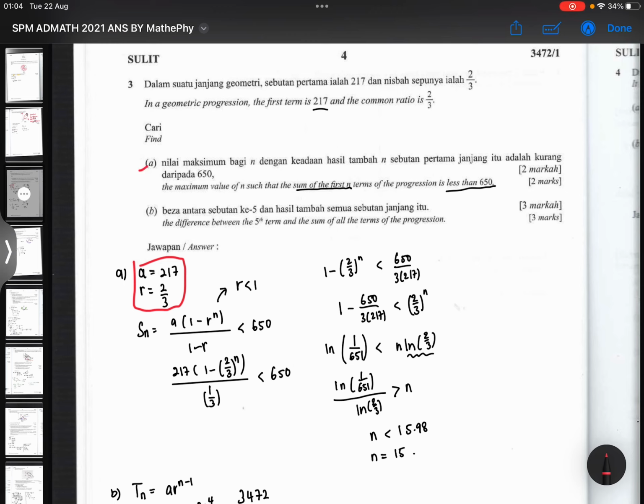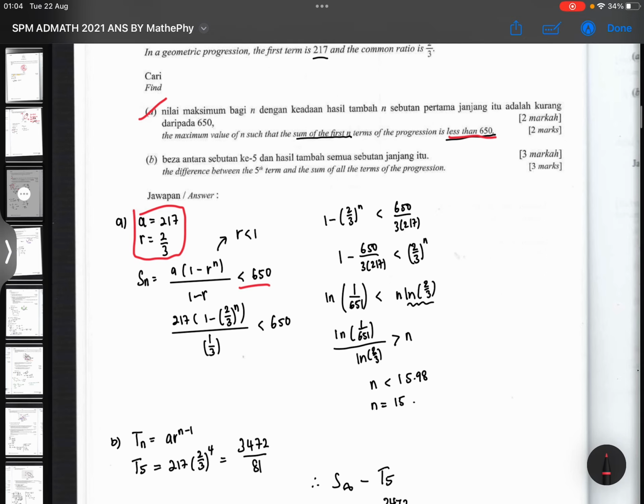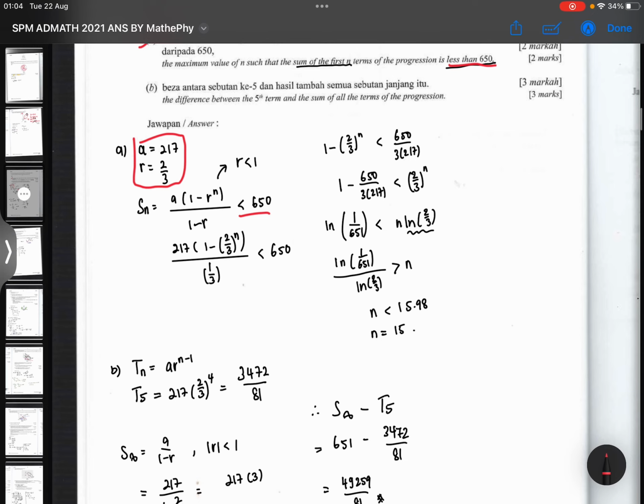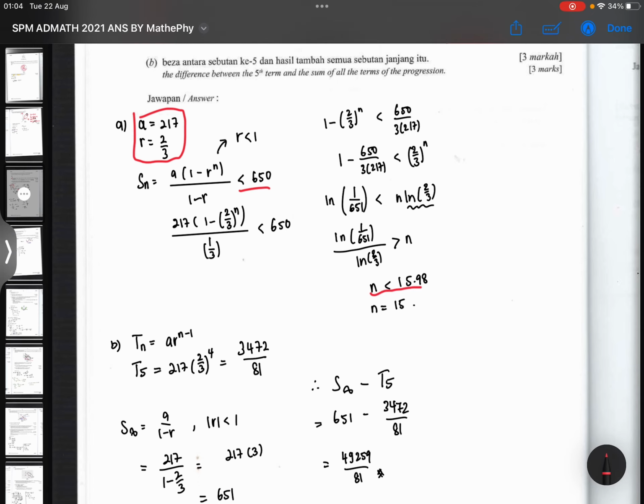Question A wants the sum of the first n terms of the progression to be less than 650. So I set Sn to be less than 650. At the end, I just solve the inequality. I get n less than 15.98, which means that the maximum value, as a whole number, is 15.